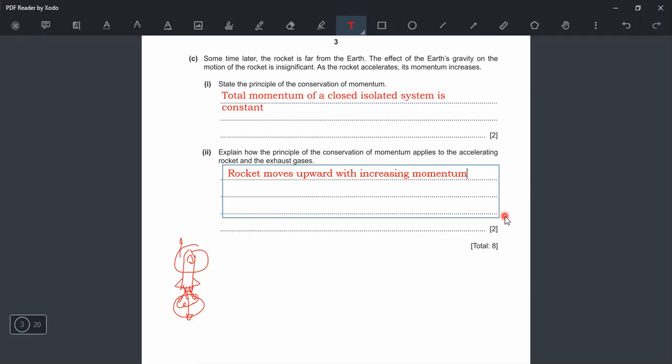So the momentum of the gas increases, okay, in the opposite direction, which gives you a total momentum of 0, by the way. So the rocket moves upwards with increasing momentum, and the exhaust gases are pushed downwards with increasing momentum by an equal amount. Or how about this? And the exhaust gases' momentum increases in the opposite direction.